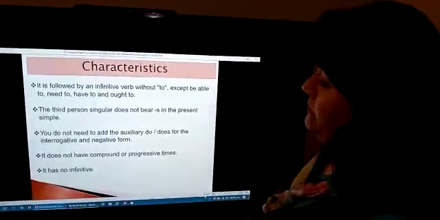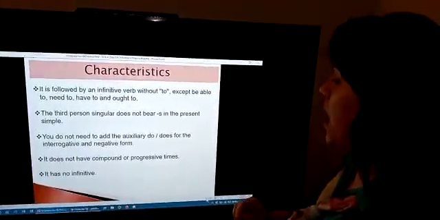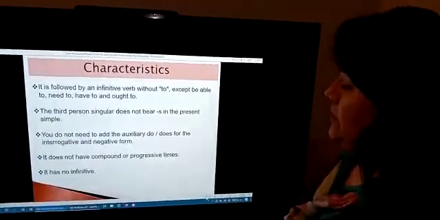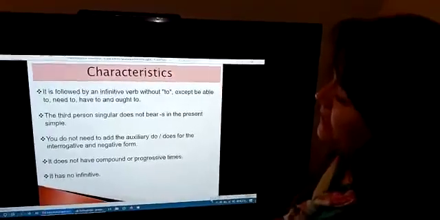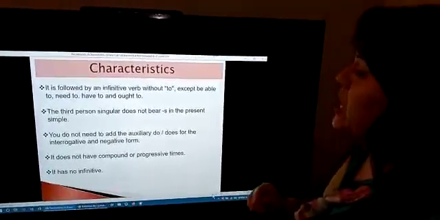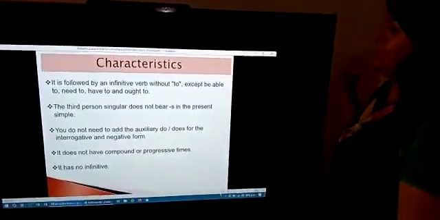Number 4: it does not have compound or progressive tenses. And number 5: it has no infinitive.